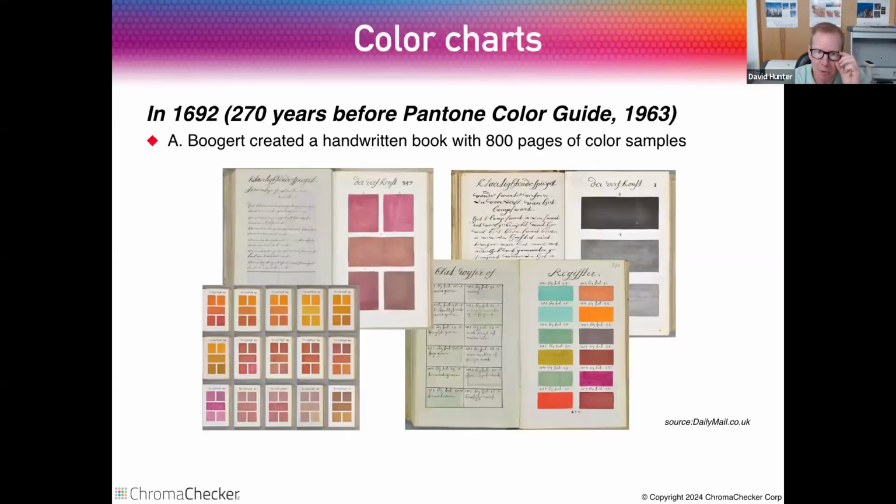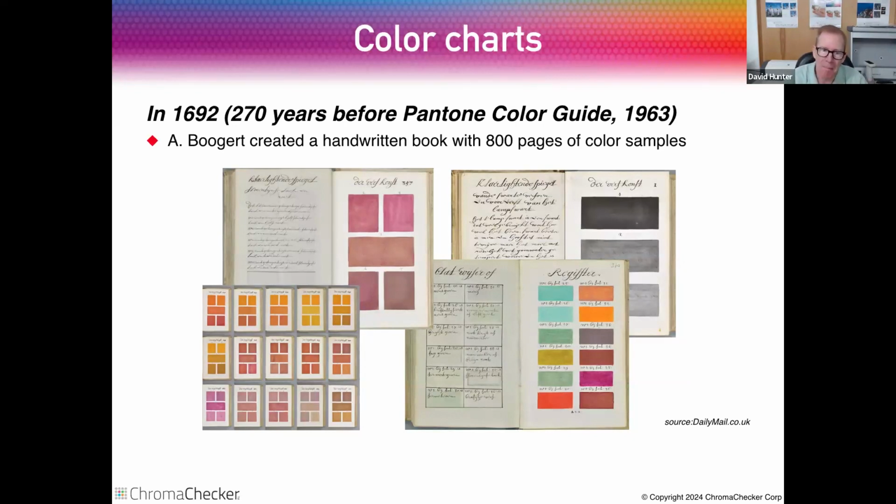So as much as a physical sample is useful, and physical samples have been used for many years. One of the first documented color charts was produced in 1692, 270 years before the original Pantone color guide.